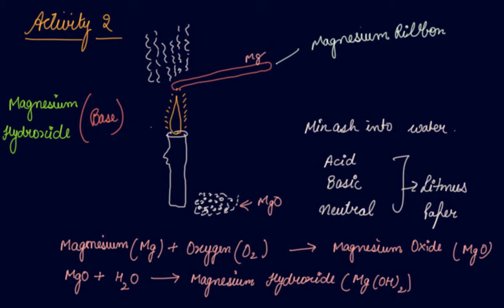So when you put red litmus paper in it, red litmus will turn blue. Or if you test it with blue litmus, it will remain unchanged.